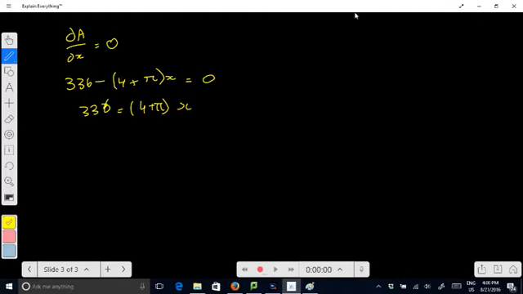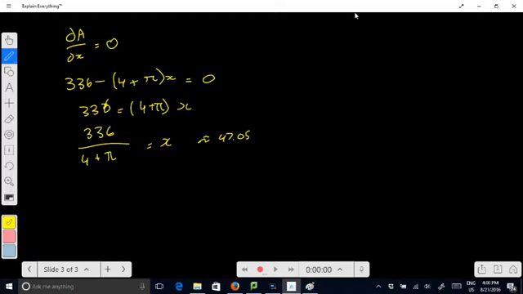If we find the derivative of the area function and make that equal to 0, we get 336 take 4 plus pi x, and when that's equal to 0, we get 336 equals 4 plus pi x. So x is going to be 336 over 4 plus pi, which is roughly 47.05.